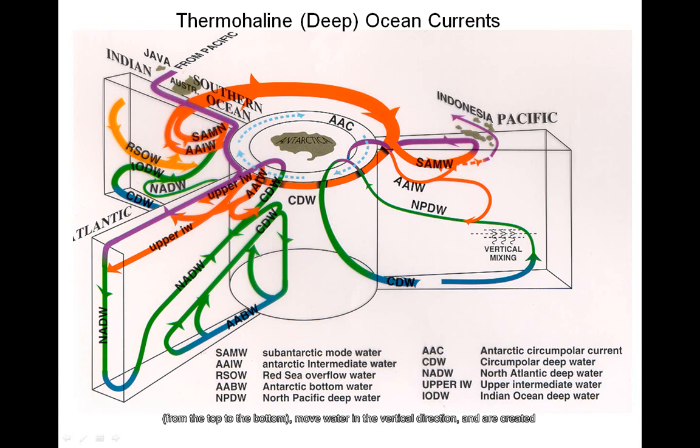They're going to move water in the vertical direction, and they are created, or powered or driven, by density changes in ocean water. Now, we learned earlier in the class that most of the ocean is vertically stable and does not want to move up or down. But there are a couple of special small locations in the ocean where it is not density stratified and water can move vertically. And those special places are where the deep or thermohaline ocean currents begin.